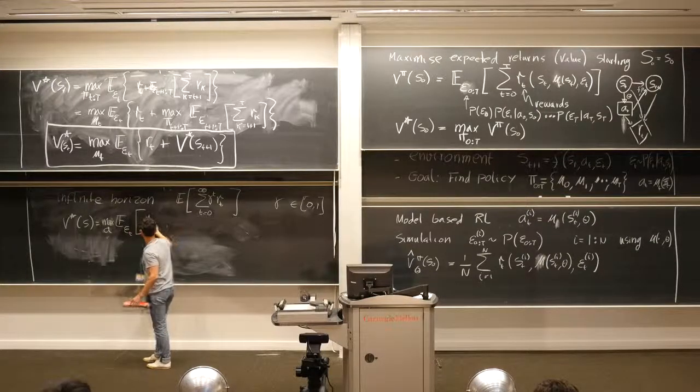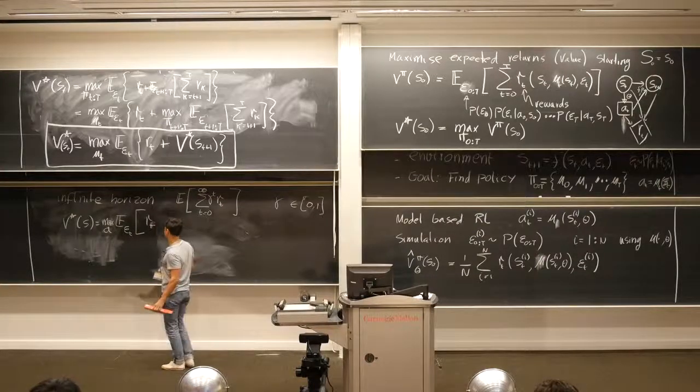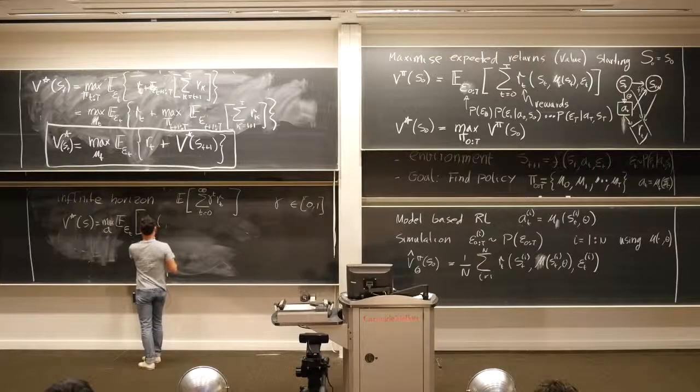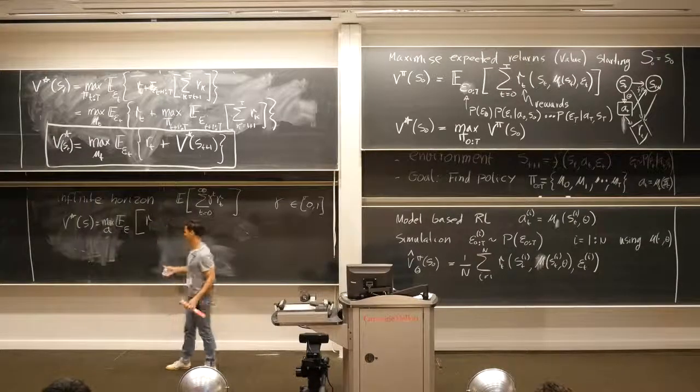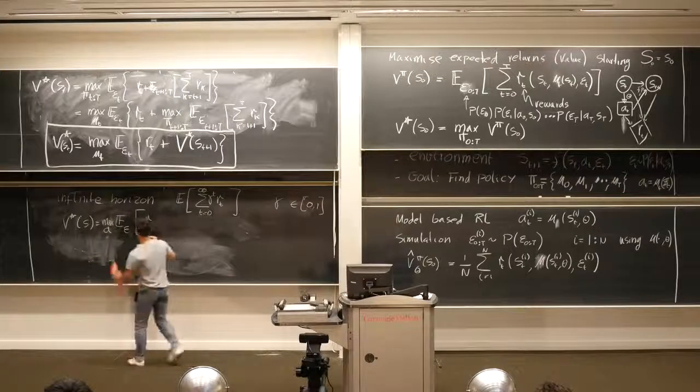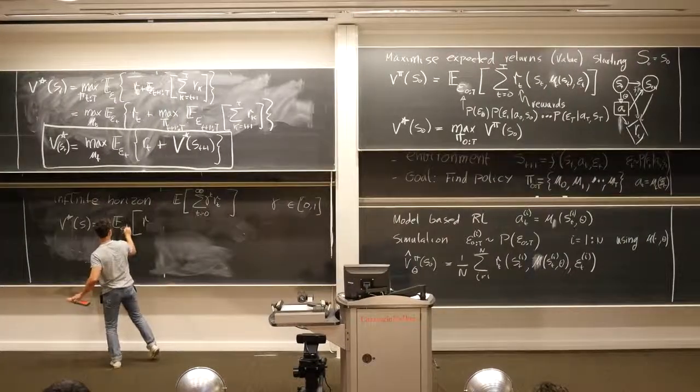So you have RT. And again, to emphasize that RT, in fact, I'm going to drop the t's. Because there's time t and time t plus 1, I can just introduce some symbols. All right, sorry about that.